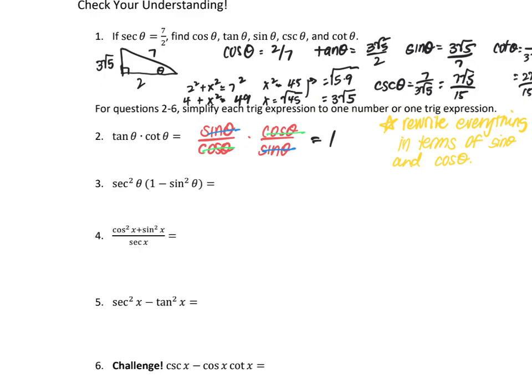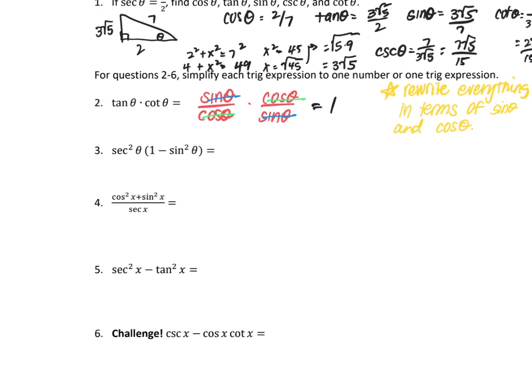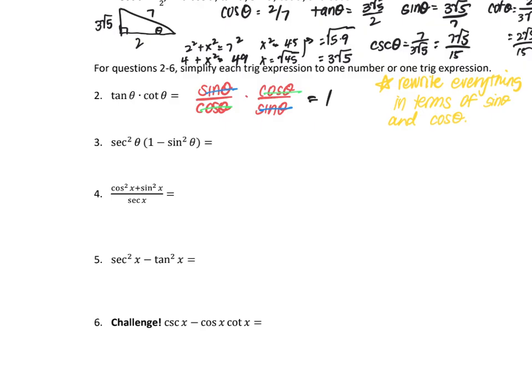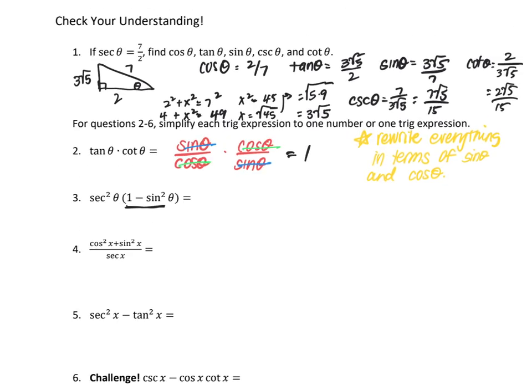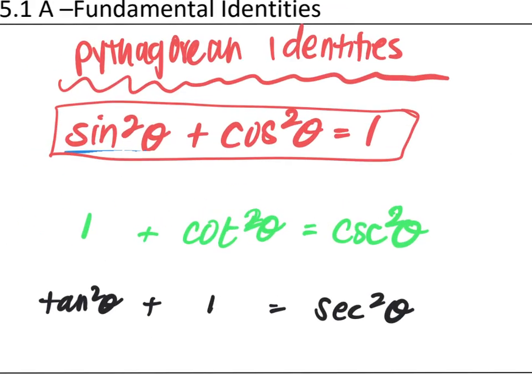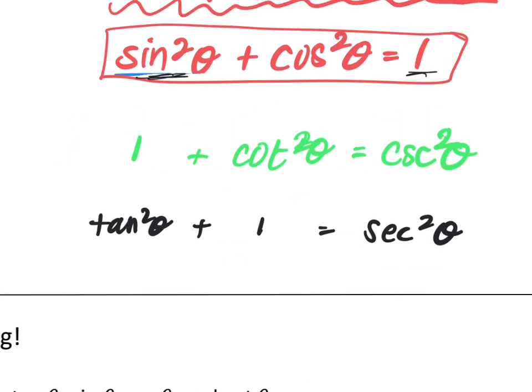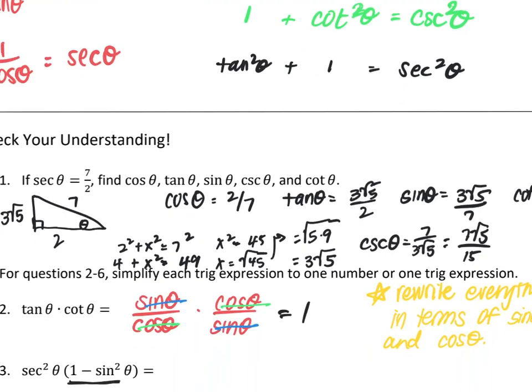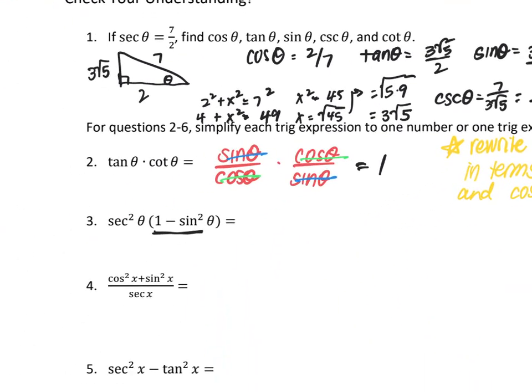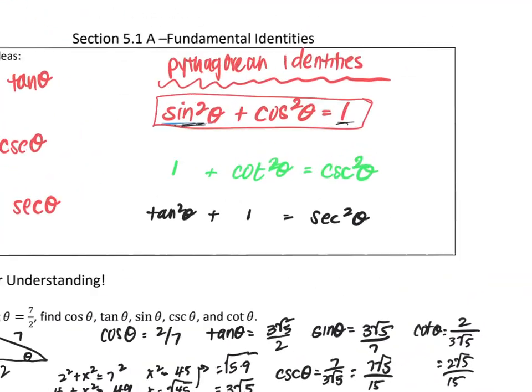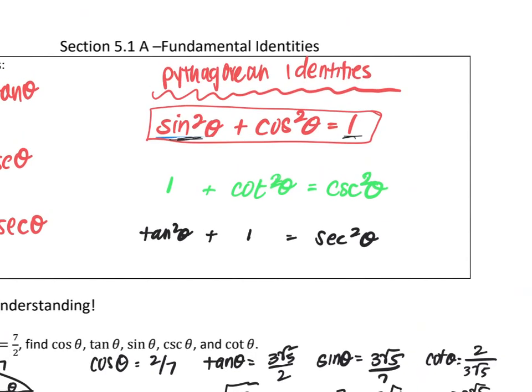Next, this expression has 1 minus sine squared in it, which should seem familiar to us because we have a 1 and a sine squared up here. But I'm looking for 1 minus sine squared. I don't necessarily have that yet. But could we change this equation around to have a 1 minus sine squared?